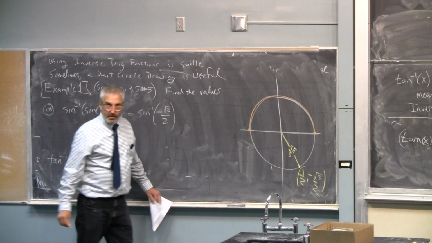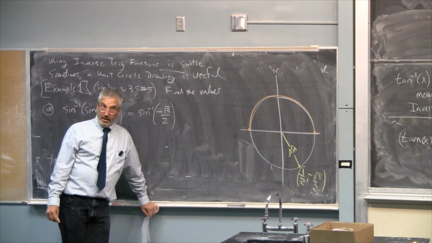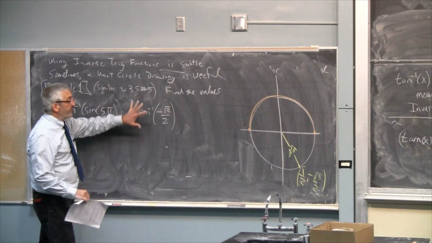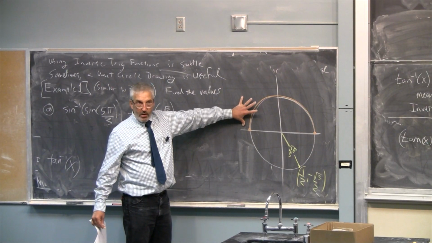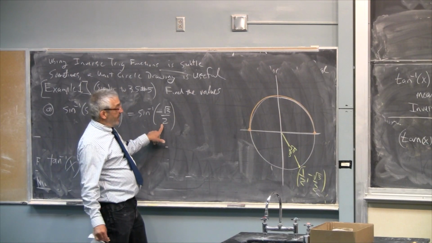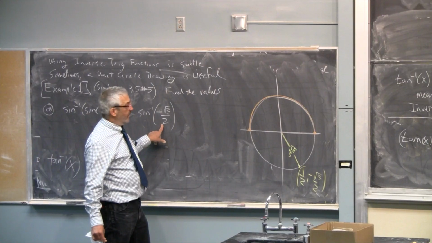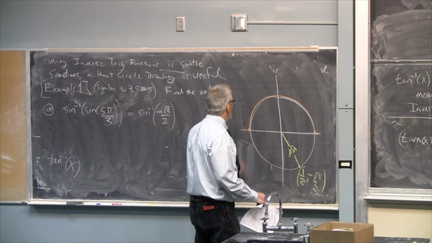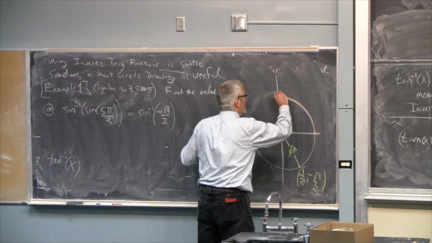Those are the angles that we can get out. Those are the angles that are in the range of the sine inverse function. So when I do this operation, it's got to be one of these orange angles. Now, what's the orange angle whose sine is negative root 3 over 2? Oops, I'm sorry. Wrong color. Wrong arc. It's supposed to be this arc.